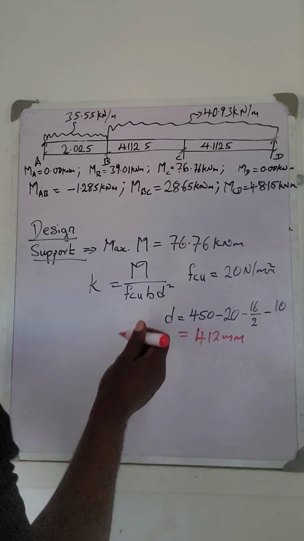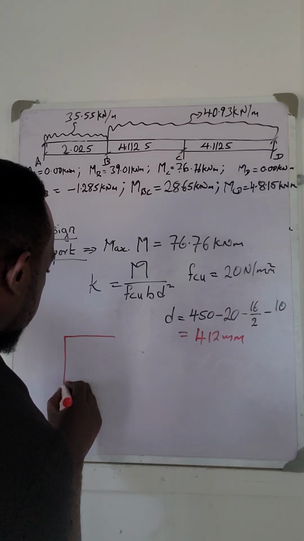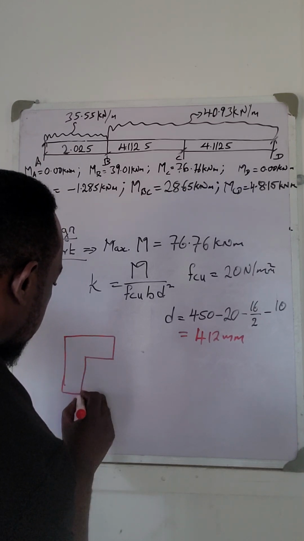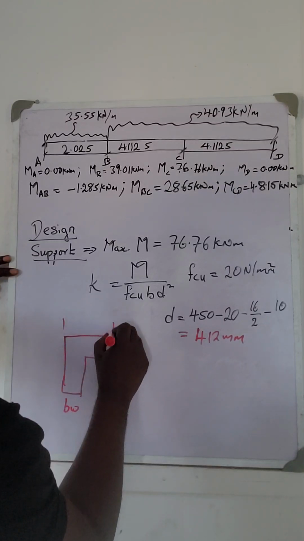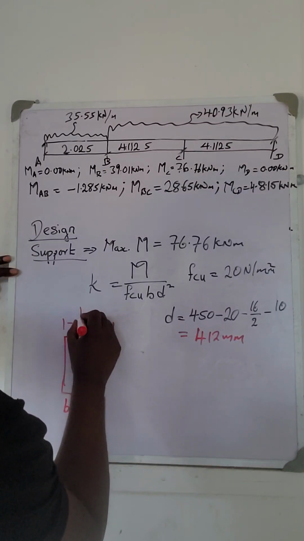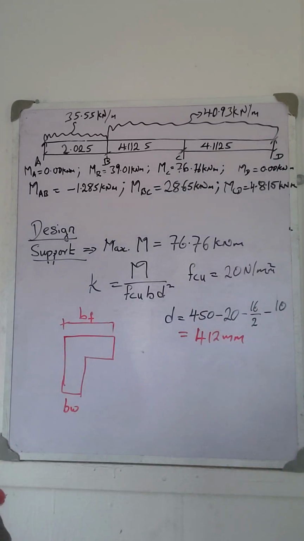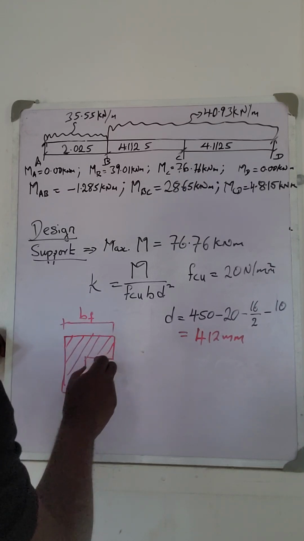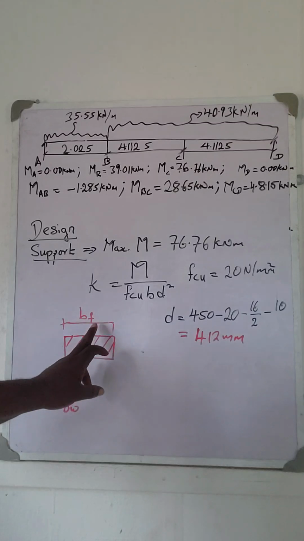For instance, when I'm talking about flange width, I'm talking about an L-shaped beam. This is BW. From here to here is BF. That is what we are talking about. Flange width of beam.